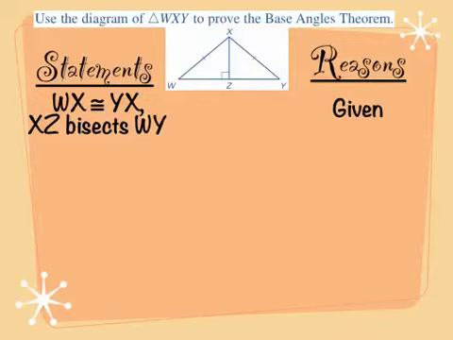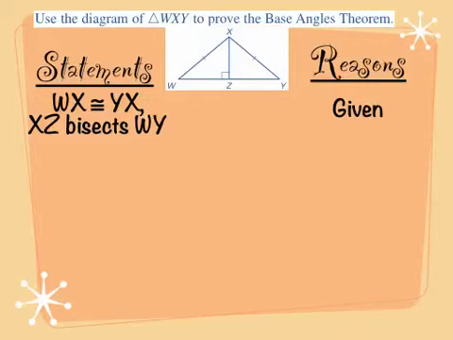If we think about the base angles theorem, notice that they've split this triangle into two smaller triangles, but we're actually trying to use the larger triangle. The base angles theorem, remember, says that the two angles opposite of the congruent sides are congruent.